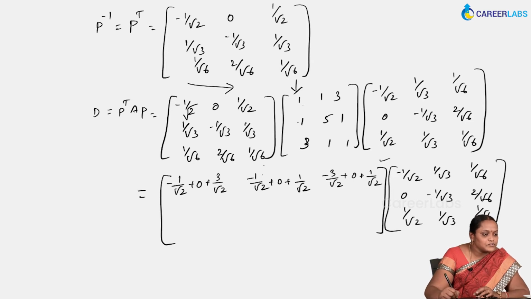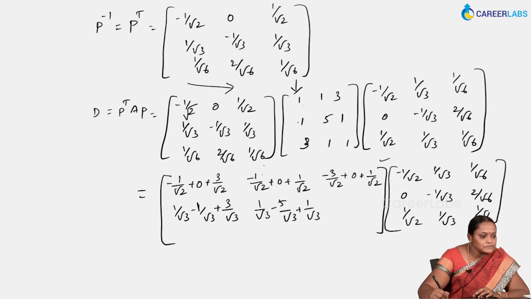And here let us finish off this multiplication. Second row with the first column, it is 1 by root 3 minus 1 by root 3 plus 3 by root 3. Then for the second element, it is 1 by root 3 minus 5 by root 3 plus 1 by root 3. Okay, all these are square roots. When you come to this part, here this is minus sign, here this is plus sign.